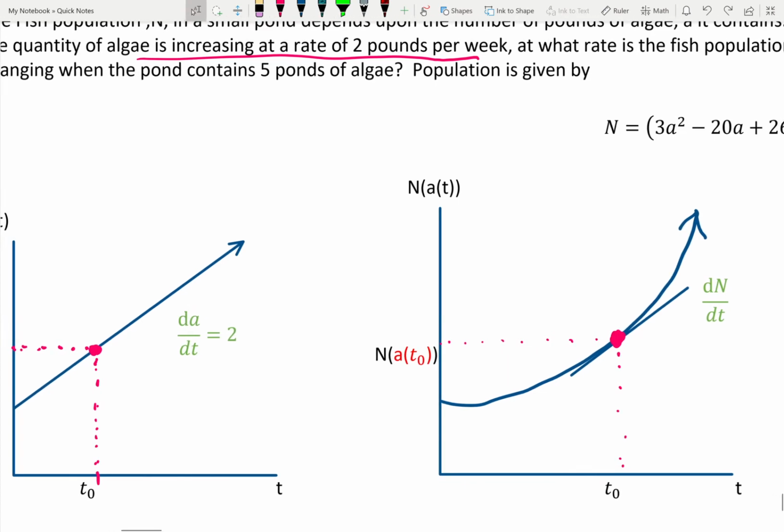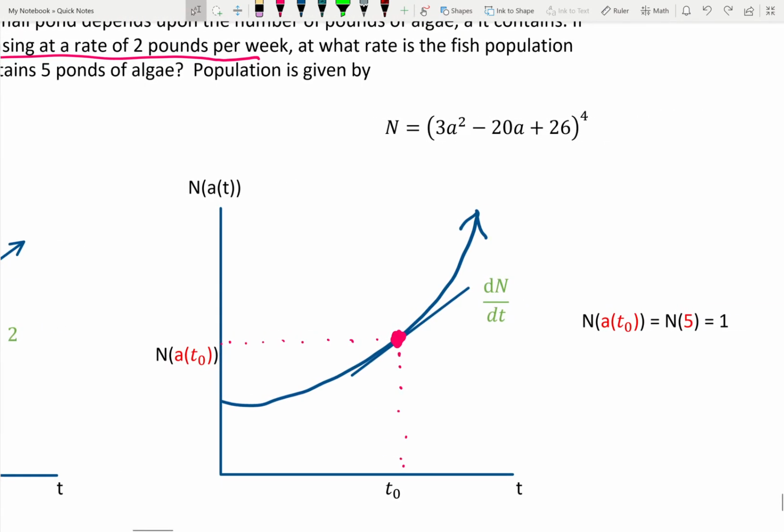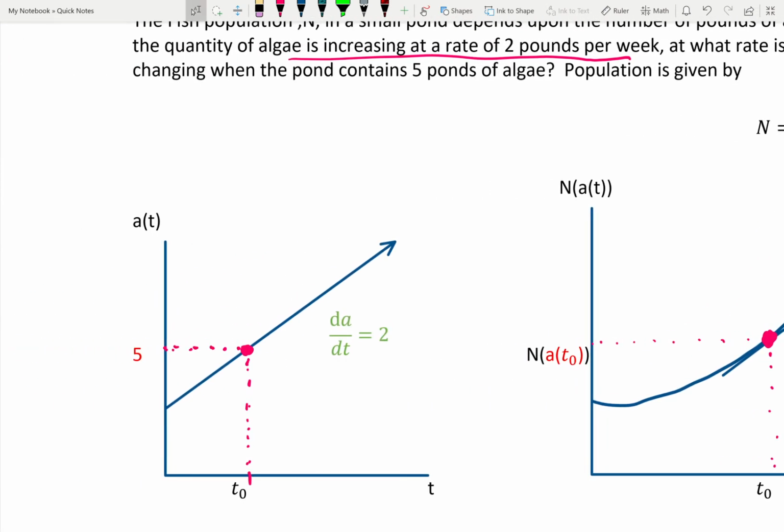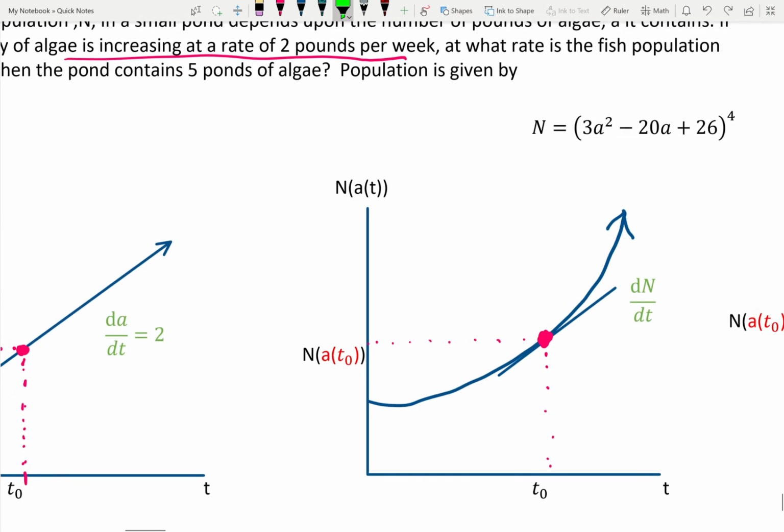Now let's look at N. Notice how almost everything on the right-hand side of N has an A in it. But these A's, like what we said in the previous graph, are dependent on t. So what I did was, instead of saying N of A, I said N of A of t, right? It's like a function inside another function.